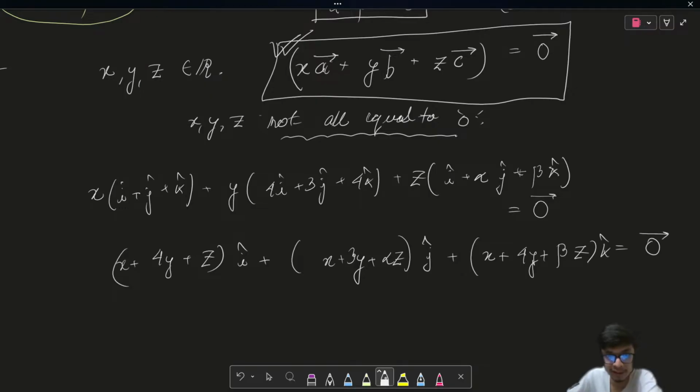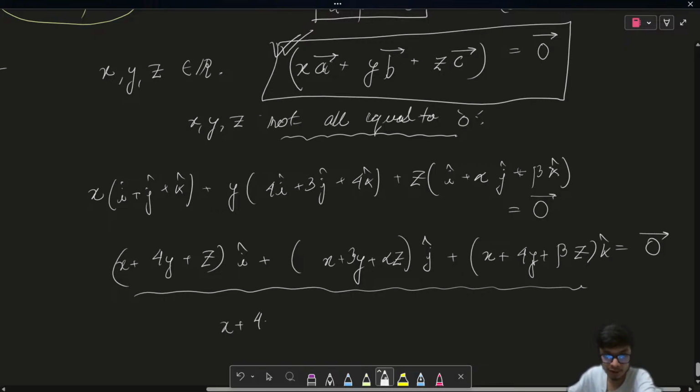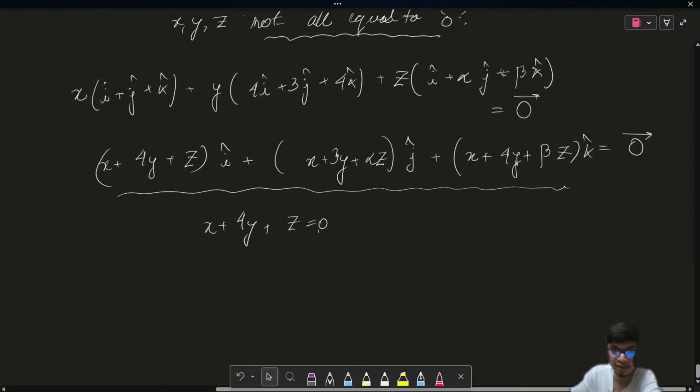Now, if this vector on the left hand side is equal to the null vector, then all the components of i, j, k should be individually equal to 0. So I will obtain three linear equations in three variables, which are as follows.